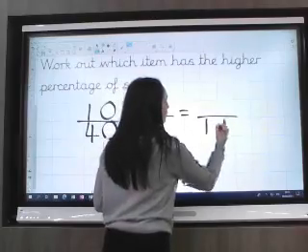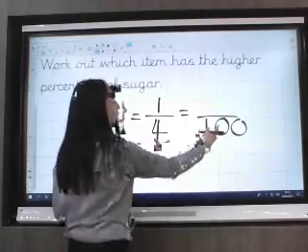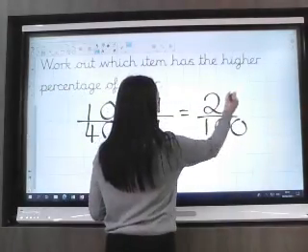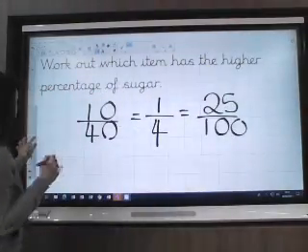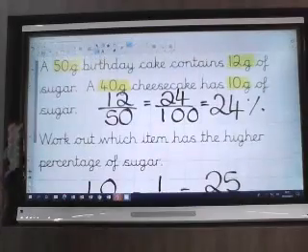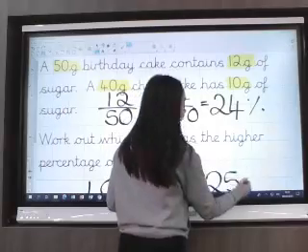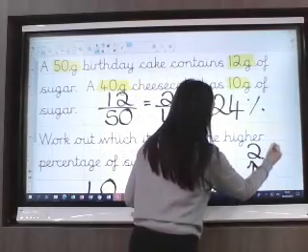Change it so it's over 100. So 4 into 100 goes 25 times, doesn't it? So 1 times 25 is 25. So your answer for the cheesecake would be 25%. Okay, so let's just put our answer there.